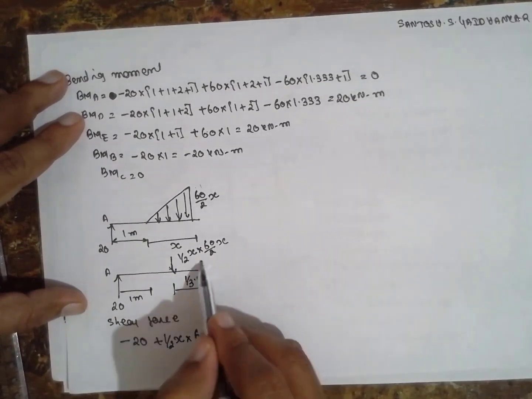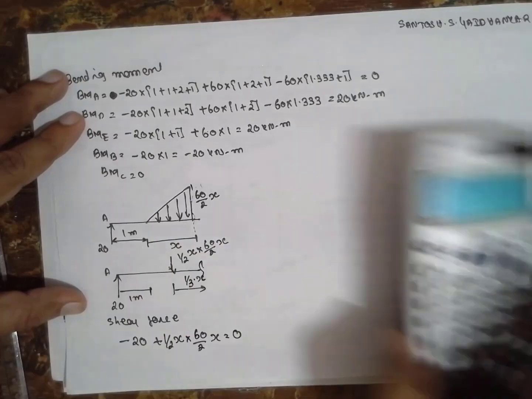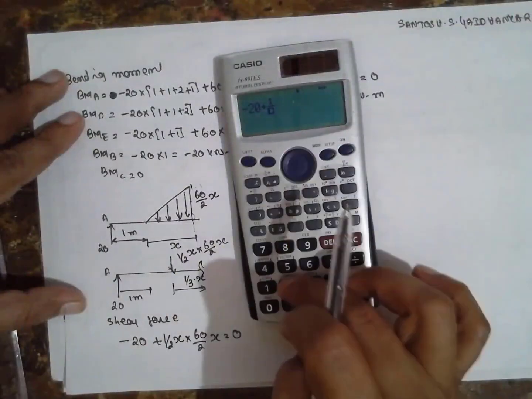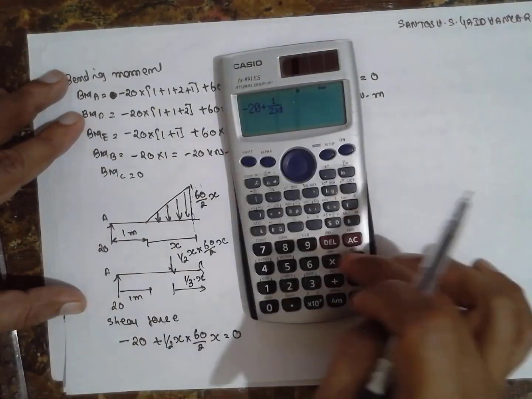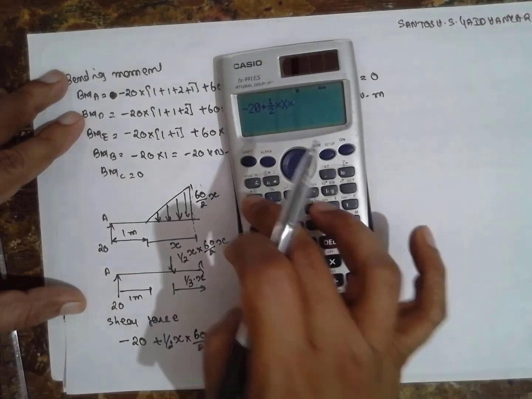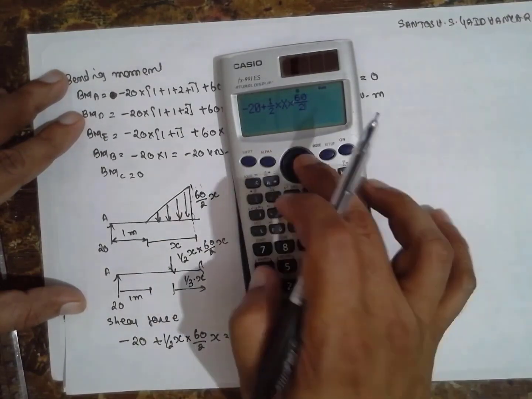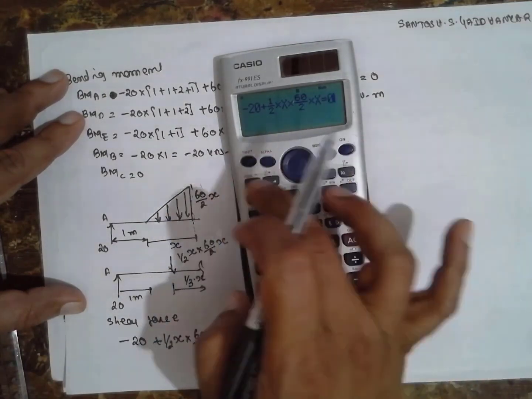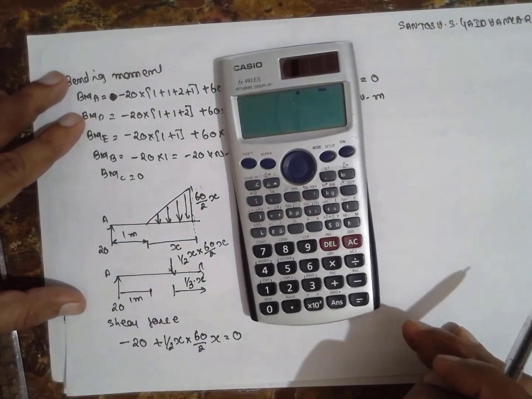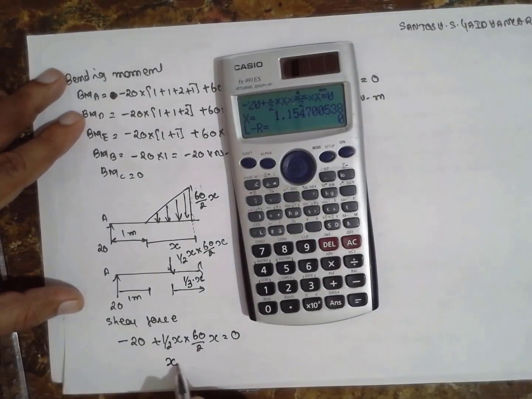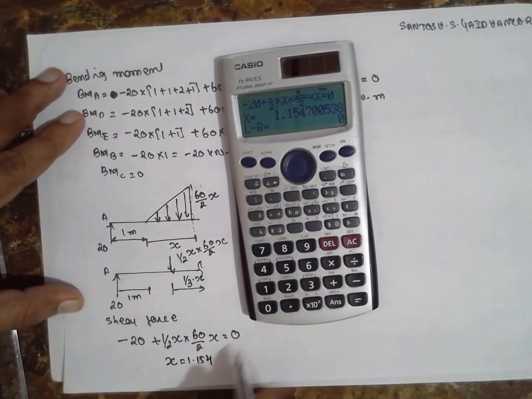Therefore minus 20 plus 1 by 2 into 60 divided by 2 into x squared is equal to 0. Shift, solve. You will get the x value. X value will be 1.154 meter.